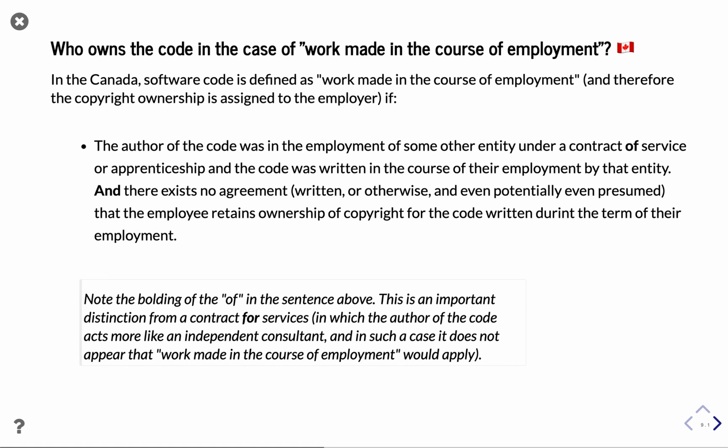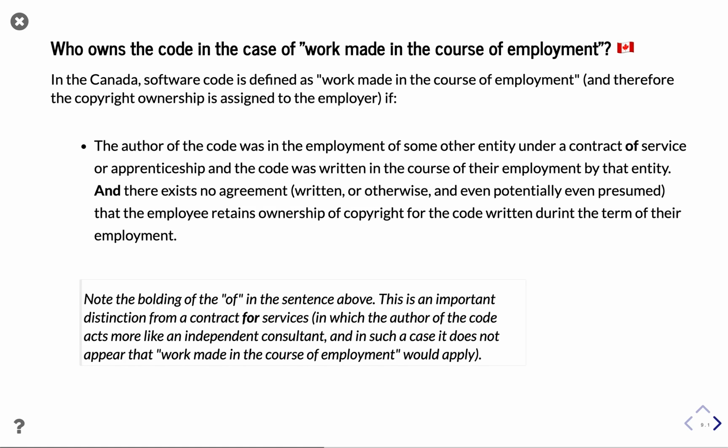Now, in the sentence above, I bolded the term "of". This is an important distinction in Canada to make a difference between a contract of service and a contract for services. When you're doing a contract of service, that's closer to a typical employee-employer relationship, where again, you have a job, you're collecting a regular paycheck, you have a boss that assigns you tasks, and the tasks include, for example, writing code in the scope of your work.